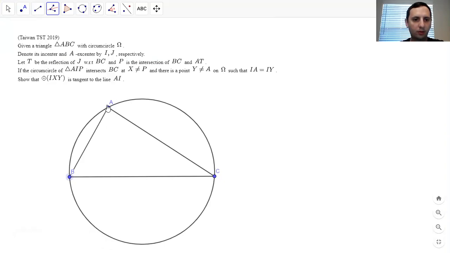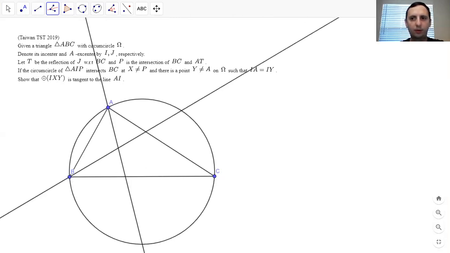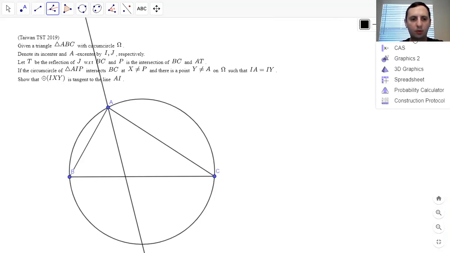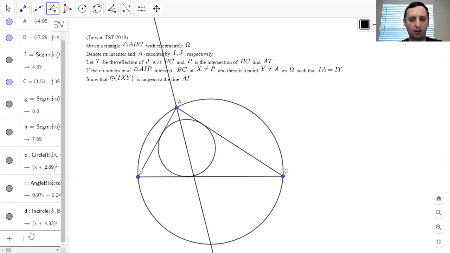Here's the angle bisector. Actually, I'm just going to draw the incircle of ABC, and I is the center.